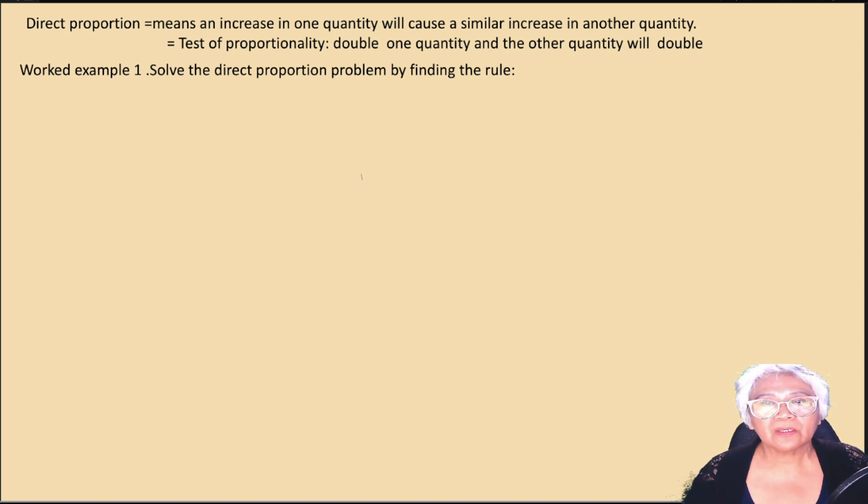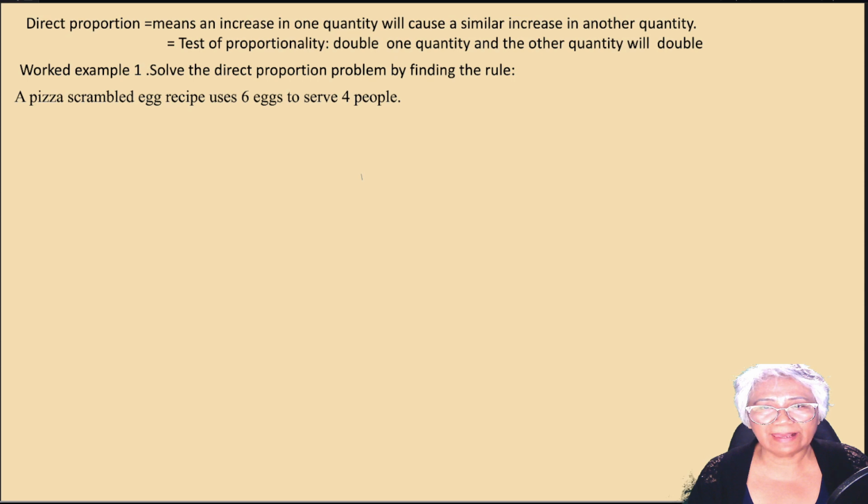The problem is a pizza scrambled egg recipe that uses 6 eggs to serve 4 people. Here we can underline the keywords: 6 eggs and 4 people.